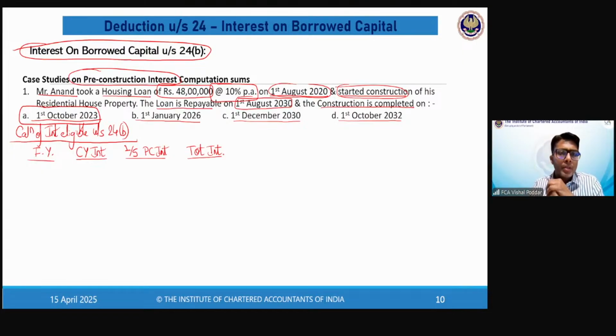So it may happen that you have incorporated your company in the year 2022. But since 2022 up to this 2025, your company was in the process of setting up. So it acquired land, it started constructing the factory building, it started bringing machines, it started installing, it did the trial run.